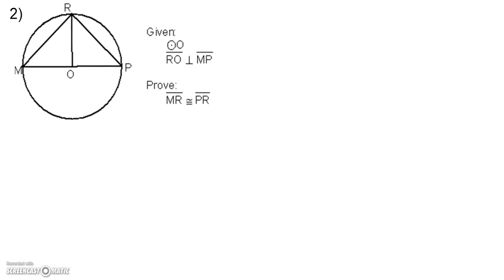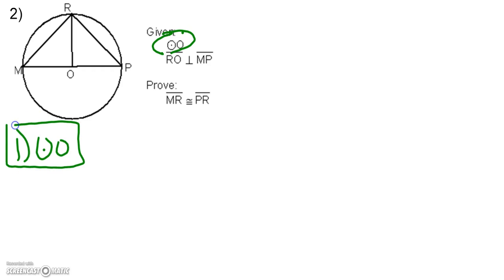So when we look at this one, we have a circle here. This tells us that O is the center of the circle. So then we can say that any of the radii are congruent. We first need to say that we have circle O, and that is a given.